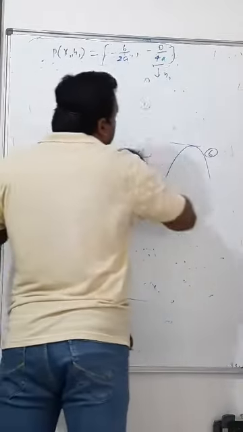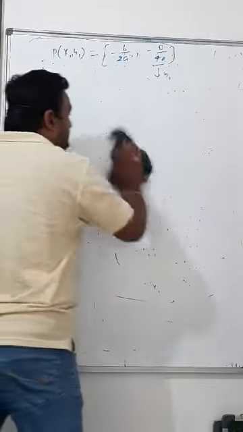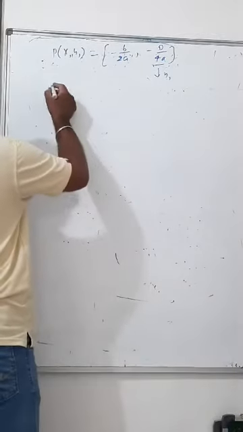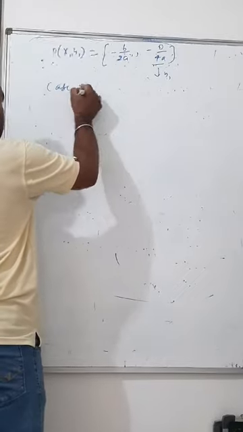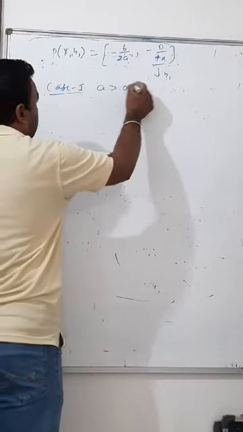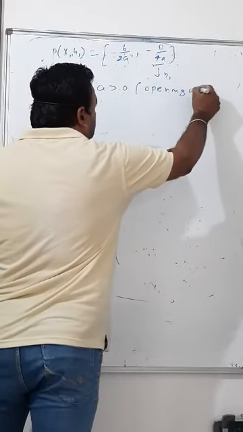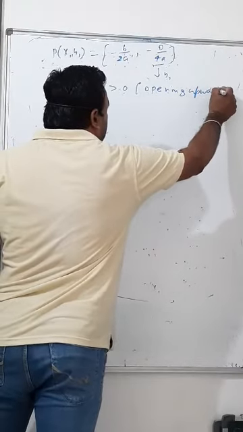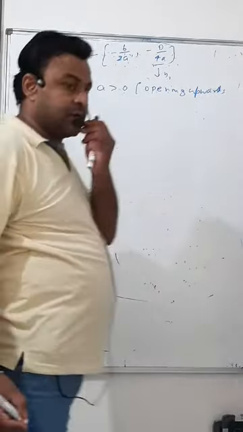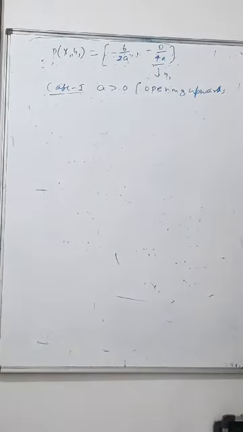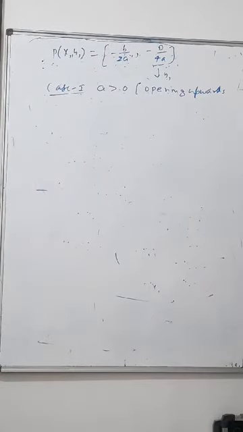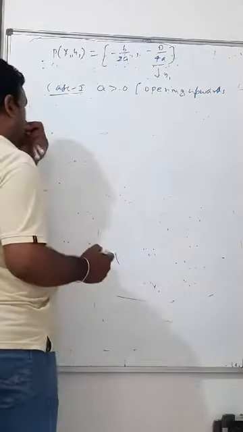Look, first of all, I take case one. a greater than 0 means opening upwards. The graph is opening in the upward direction, right? Further, I have one criterion.